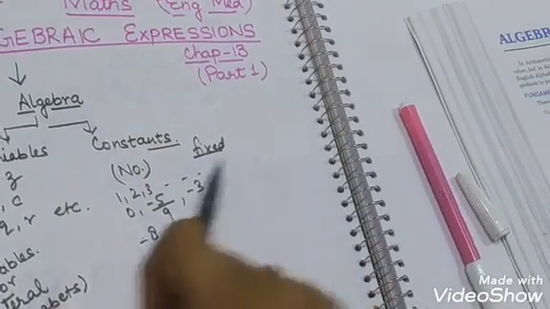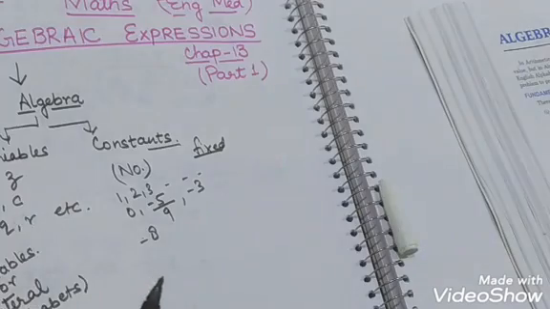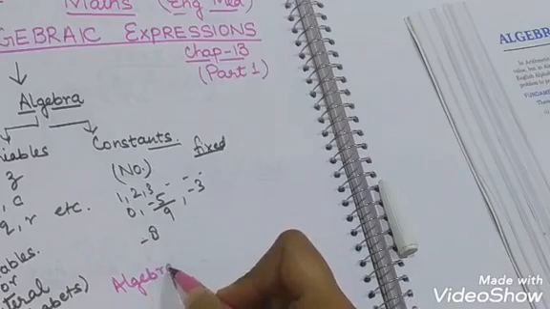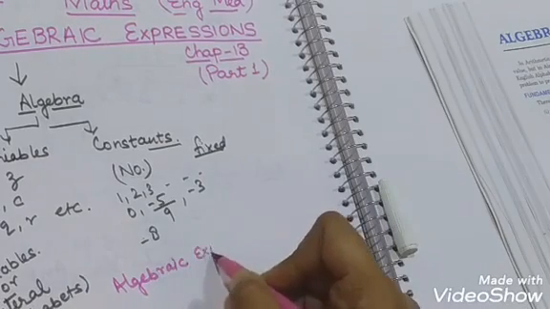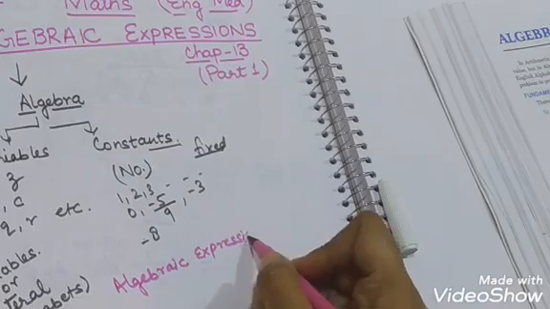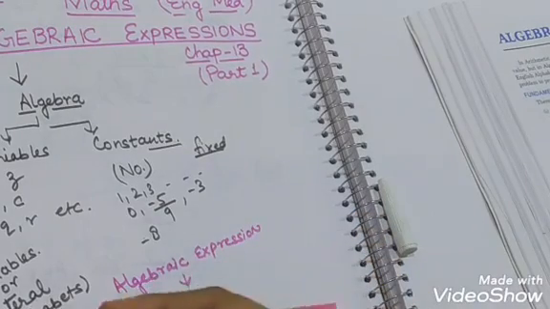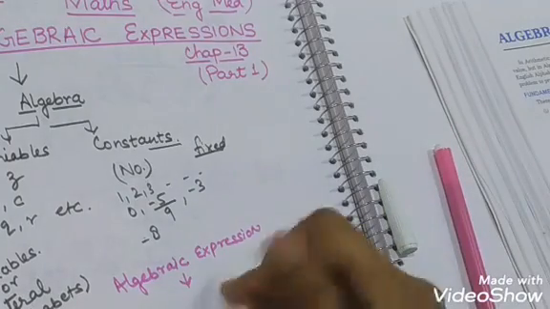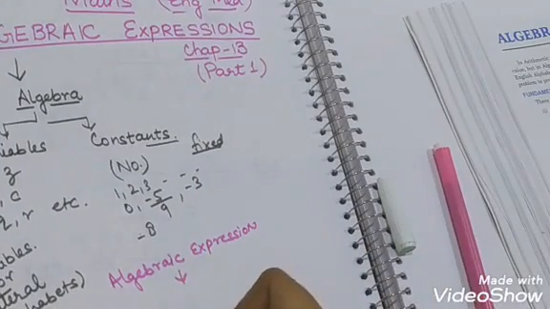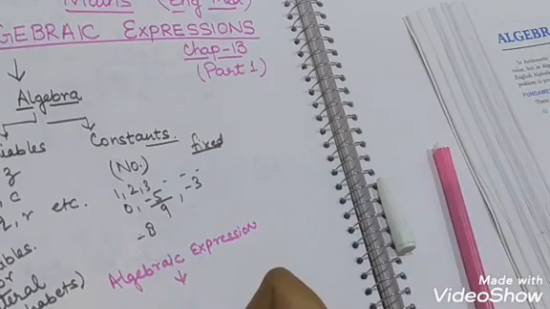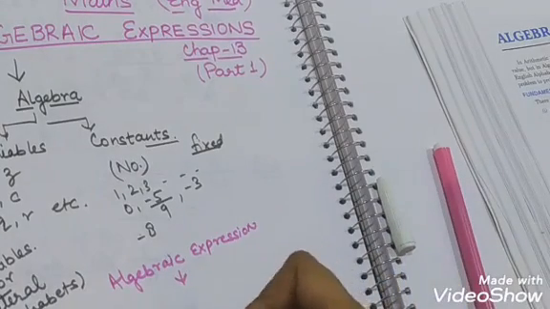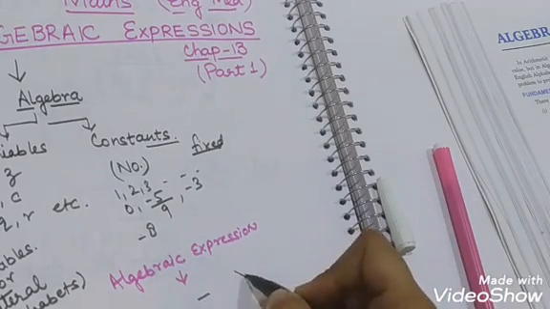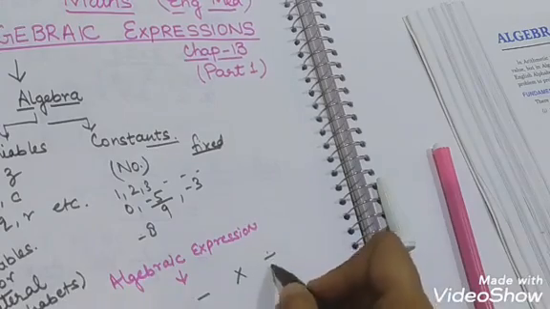Now the next thing we are going to discuss here is the algebraic expression. What is an algebraic expression? An algebraic expression is a combination of constants and variables, connected by operations plus, minus, multiplication or division.